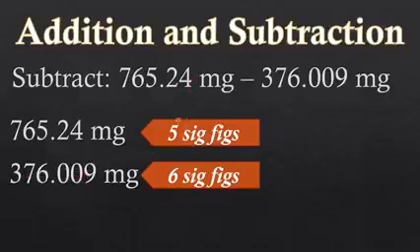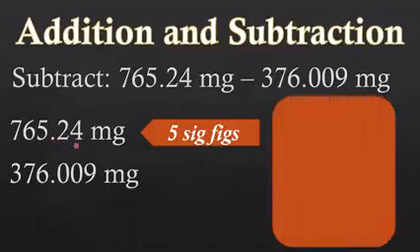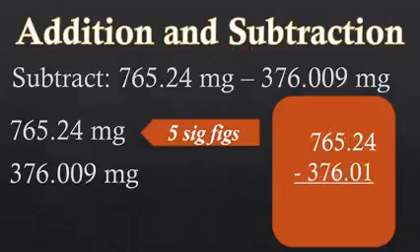So kung i-compare natin yung dalawang number na to, which has less precise measurement? That is the 5 significant figures. So ibig sabihin, we need to round off to 5 significant figures yung numbers natin dito. So we are subtracting 765.24 and 376.01.